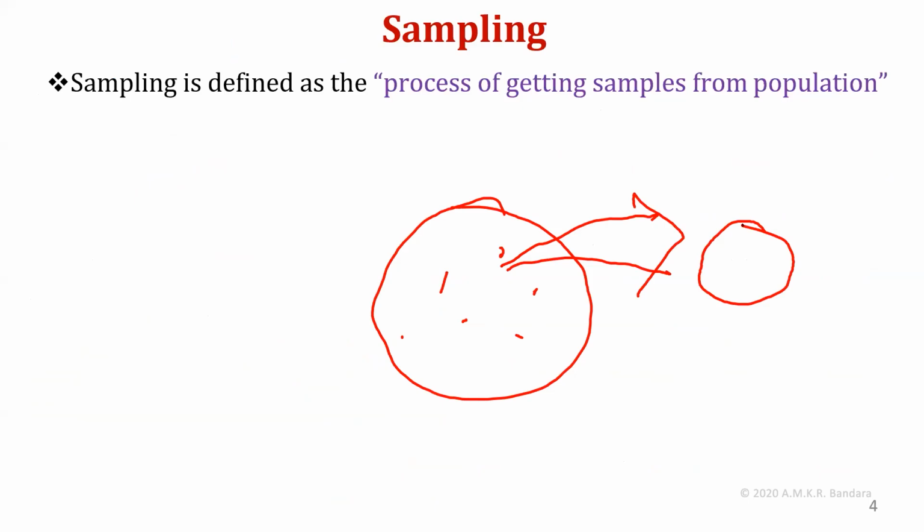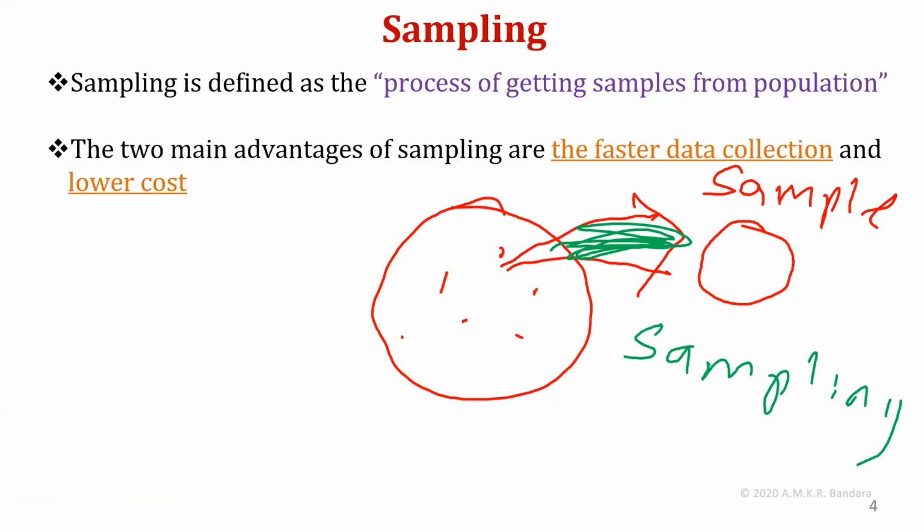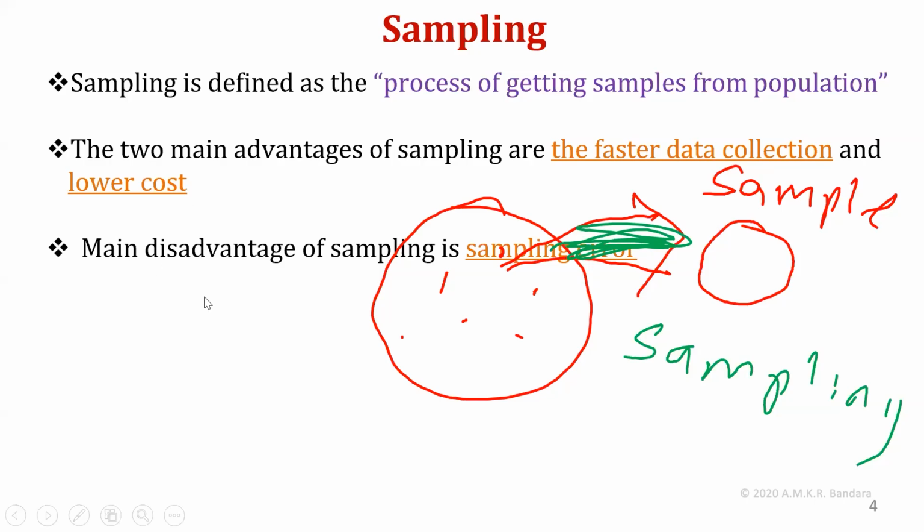This selected part we call the sample, and the process of selecting individuals for the sample we call sampling. The two main advantages of sampling, as we discussed, are fast data collection and low cost. The main disadvantage of sampling is sampling error.